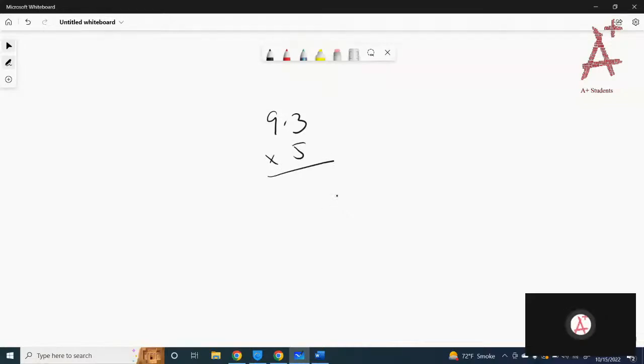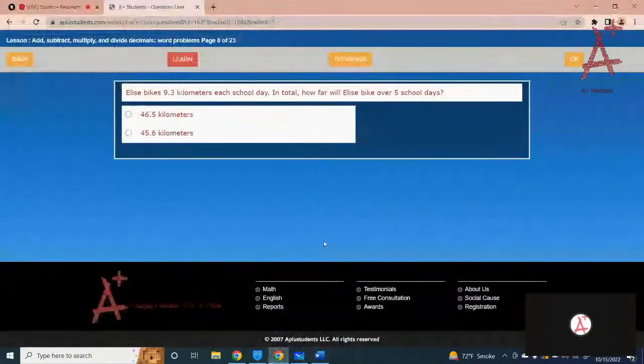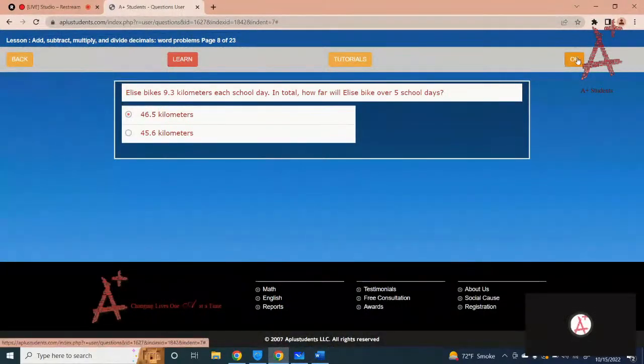So 5 times 3 is 15. Here you have 5 and carry 1. 5 times 9 is 45 and 1 is 46. It would be 46.5. Got it? Select the correct option and click on the OK button.